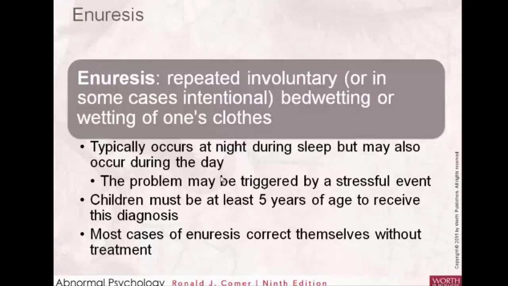When the child has an accident, as soon as a drop of urine hits this pad, it makes a noise, and the noise wakes the child up. The idea is that eventually the child will learn to wake up when they have the need to go to the bathroom instead of waiting until after they already have. That can take a little bit of time, but it seems to be pretty effective.